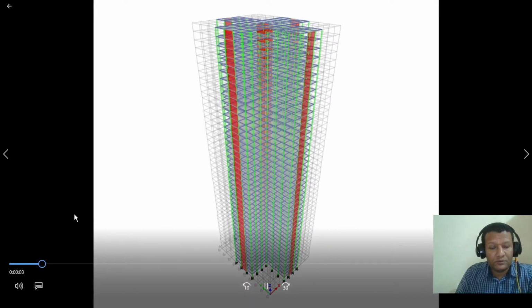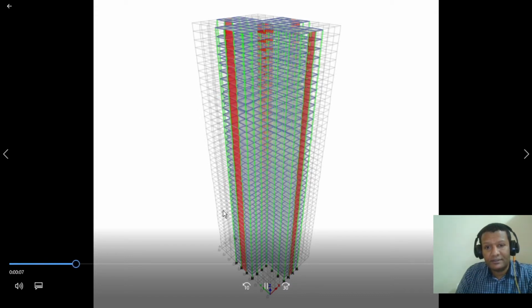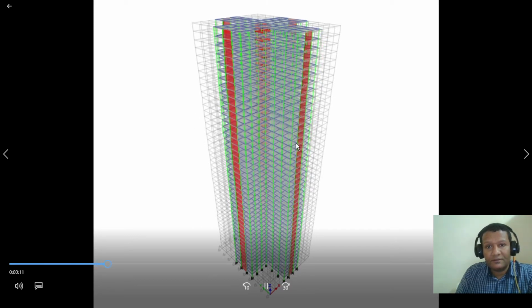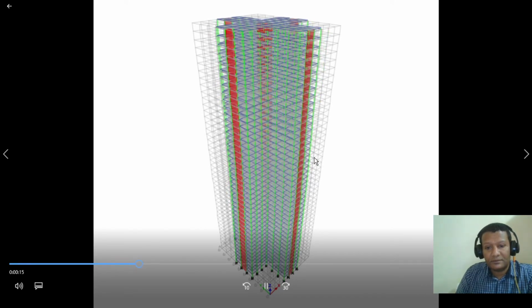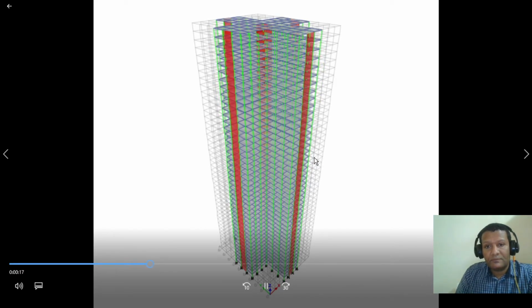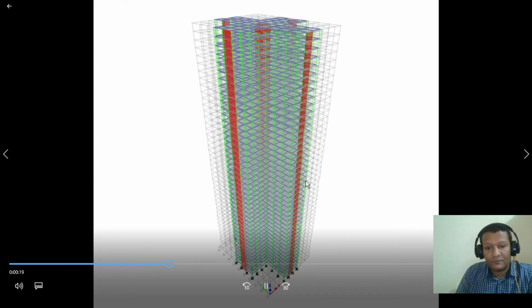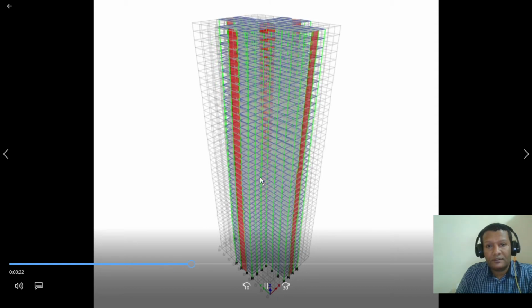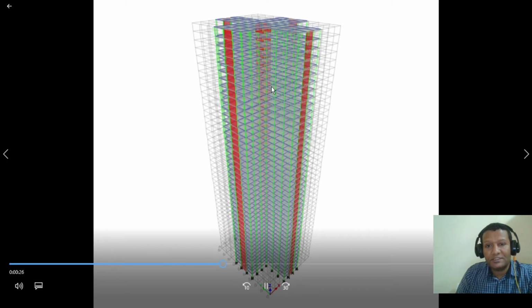This is also, as you can see, starting at the beginning of the earthquake, there was no shaking, but as we go along, the response, as you can see.